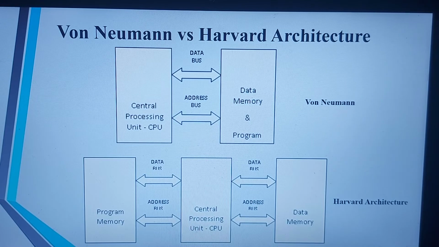They're separate. And we can also observe that the address buses are also different. There are different data buses. So address and data buses are independent for both program and data in case of Harvard architecture. In case of von Neumann architecture, they are common. There is only one address bus and only one data bus, which is used to access both data as well as program.